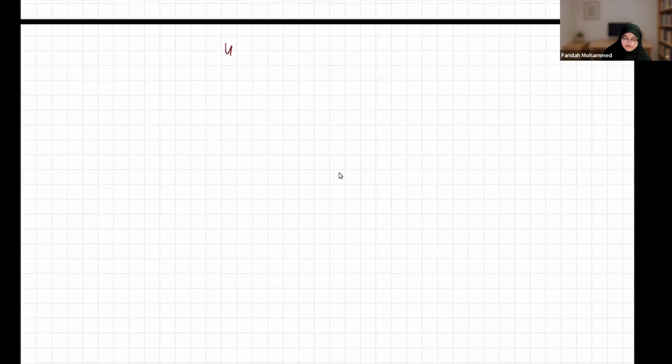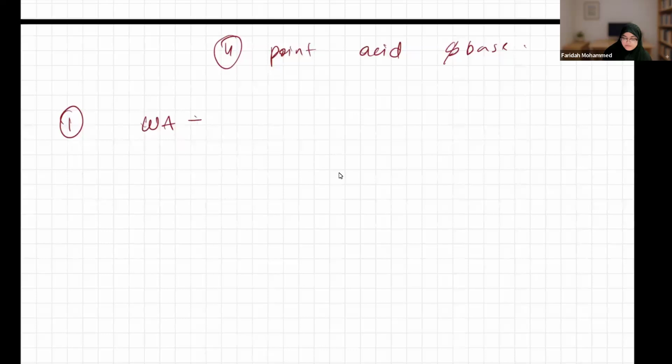The 4 points for acid and base that I gave you guys. If you have just the acid, the weak acid will react with water and will produce the conjugate base and H plus.